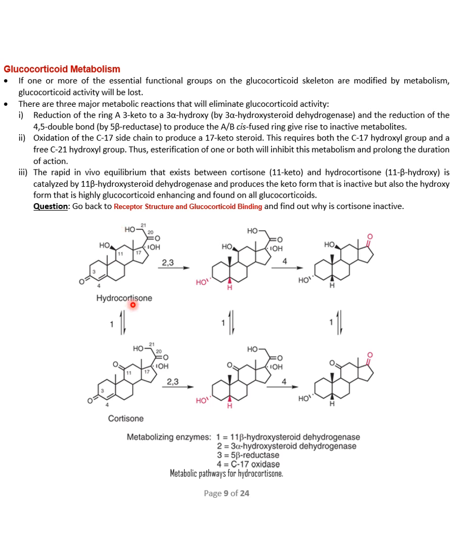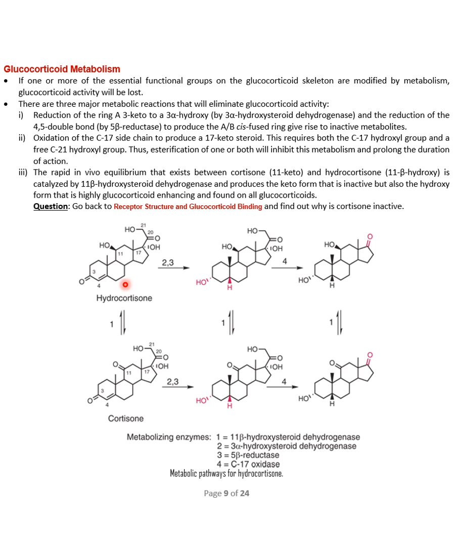There's an enzyme in our liver called the 11-beta hydroxysteroid dehydrogenase. This enzyme is responsible for converting this structure to that, and back from that structure to this. So it's an equilibrium between the two.